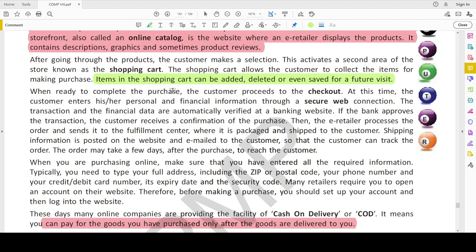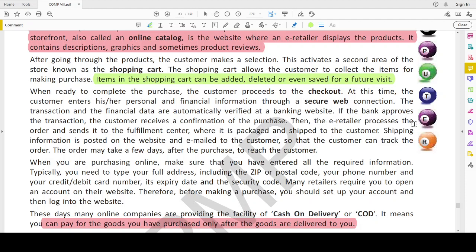When ready to complete the purchase, the customer proceeds to checkout. This time, the customer enters his or her personal financial information through a secure web connection. The transaction and financial data are automatically verified at the banking website. If the bank approves the transaction, the customer receives confirmation of the purchase.